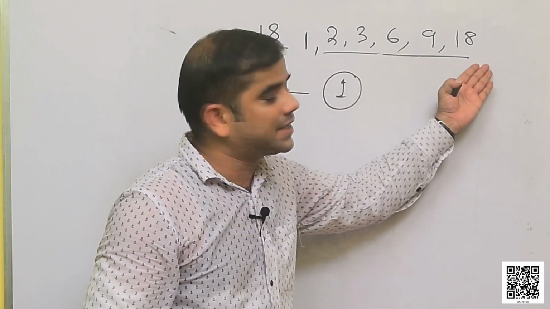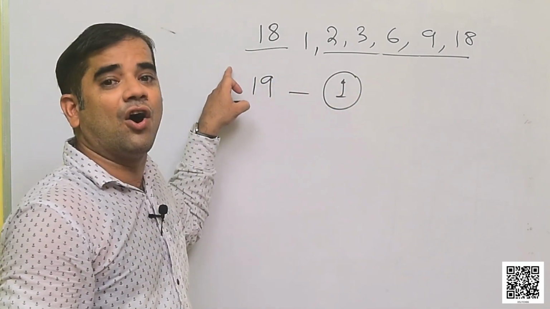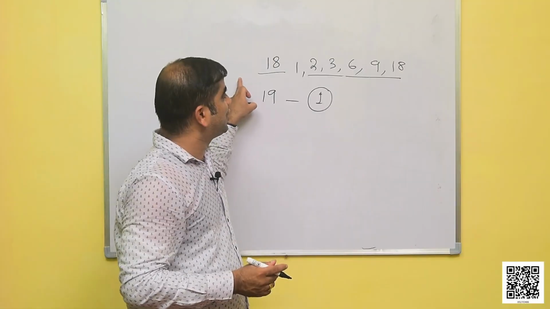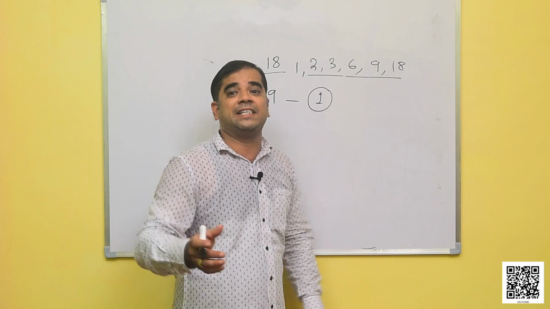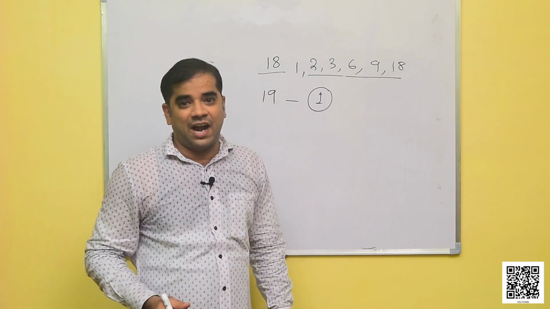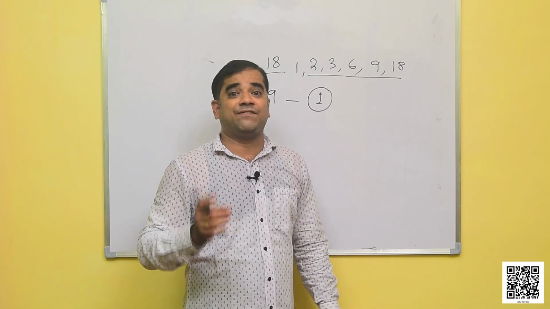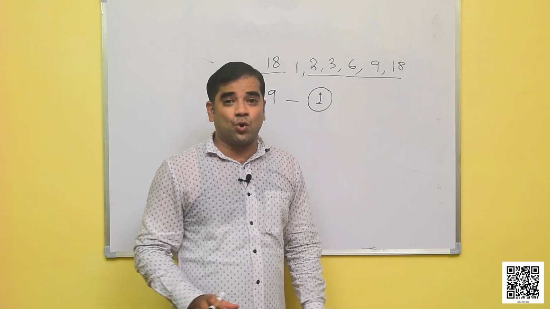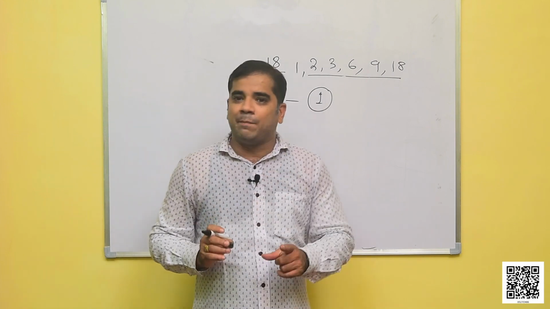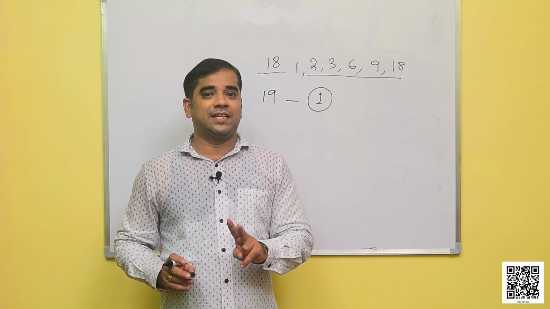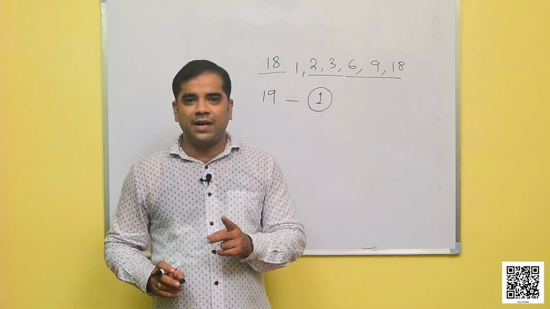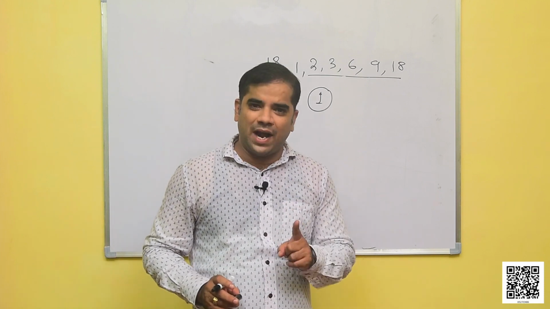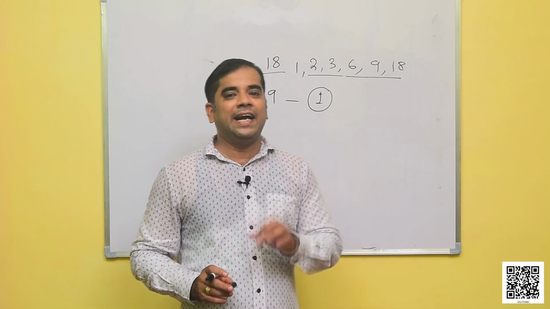So these numbers are called the factors of 18, in which 1 and 18 we can see that every number is a factor of itself, and every number has a factor that is 1. So we can say that any number has two factors, 1 and the number itself. Every number has two factors, that is 1 and the number itself.